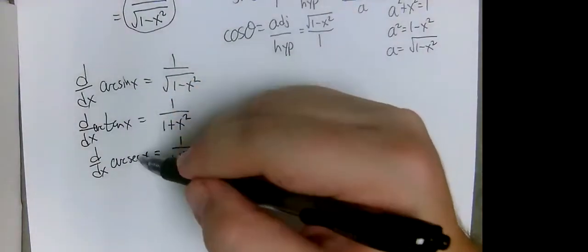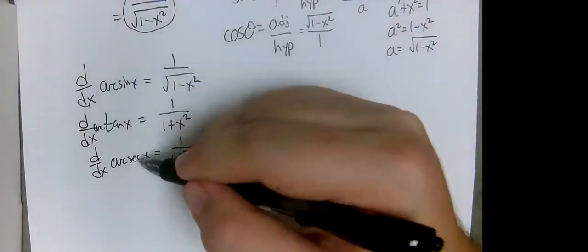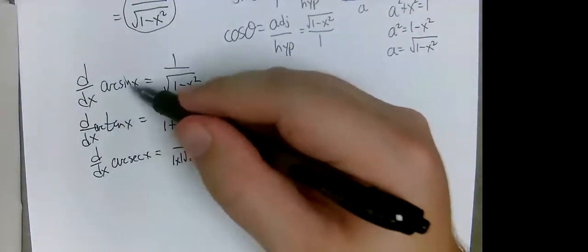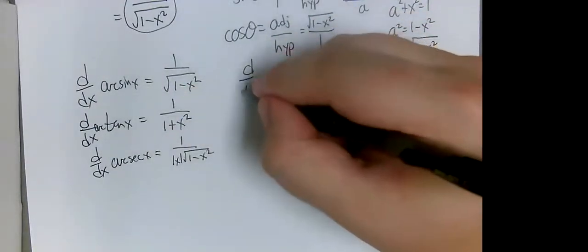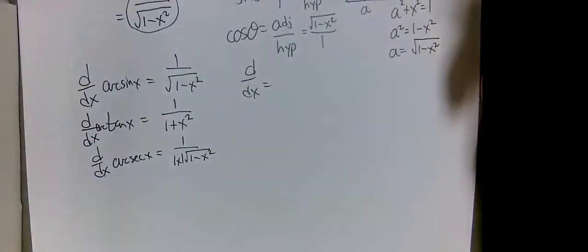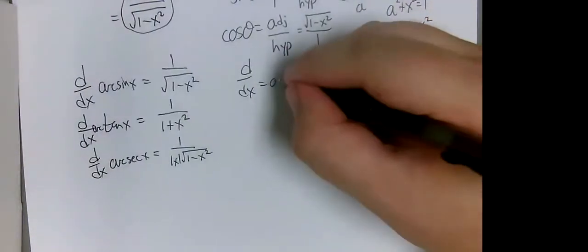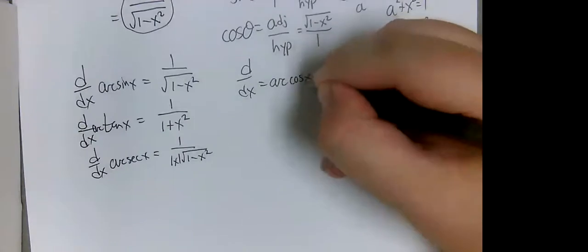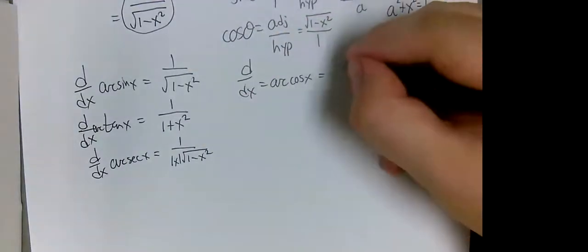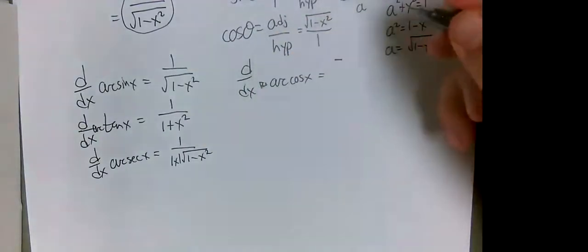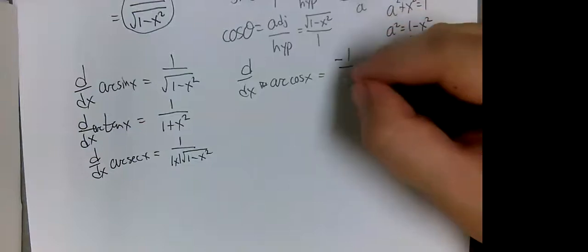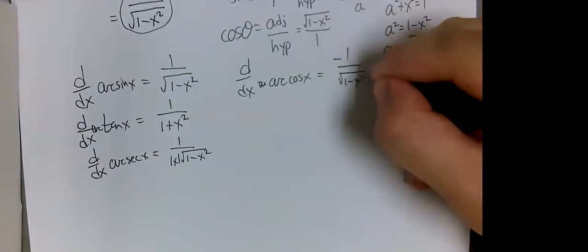Now, if I want to get the derivatives for the inverse trig functions of the other three, notice that the other three are their co-versions of these. Now, the neat thing about that is that the derivative of, say, arc cosine of x will simply be the negative. Should be the negative of what it was for its non-co-version.